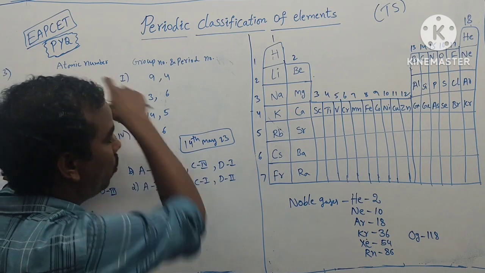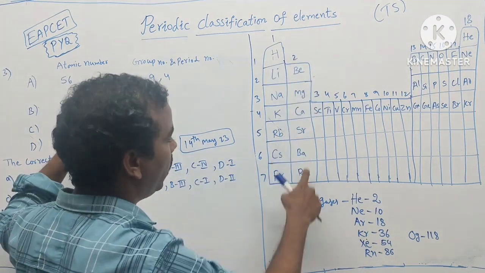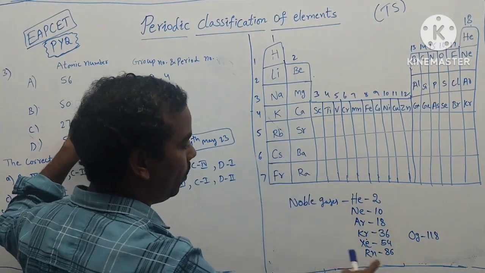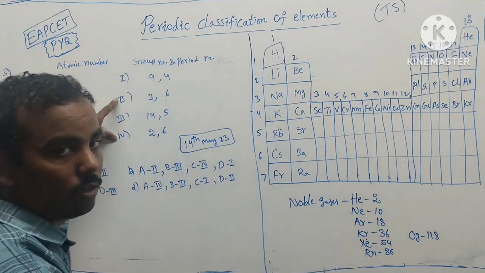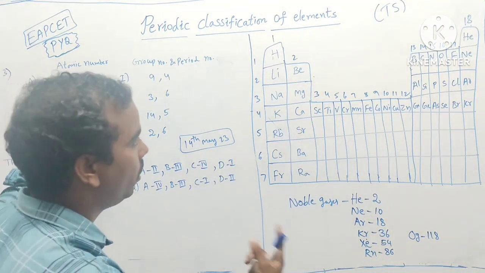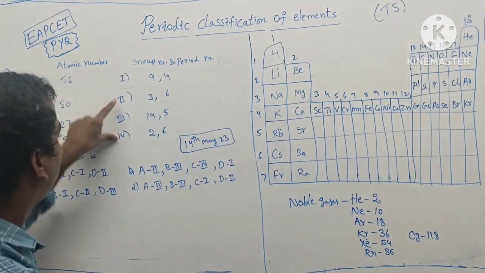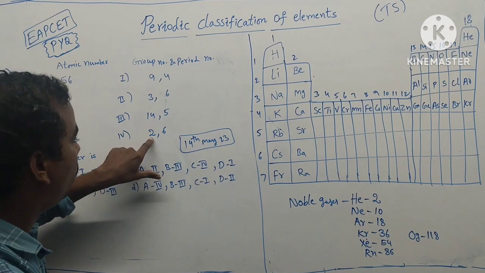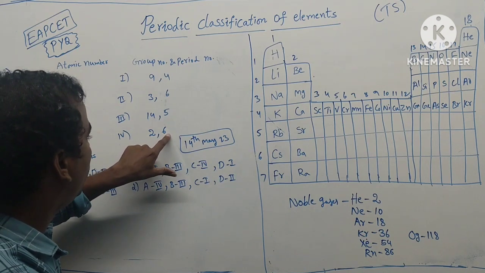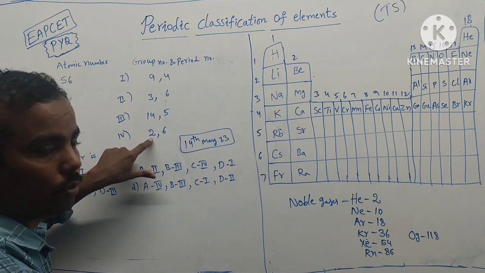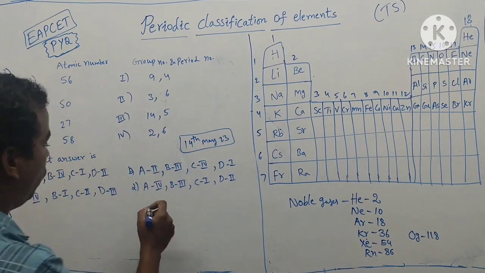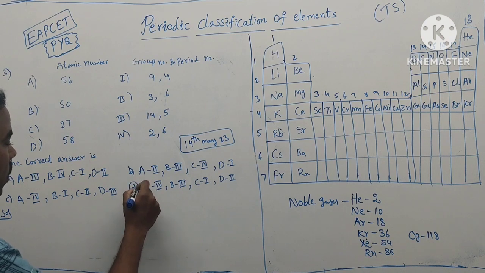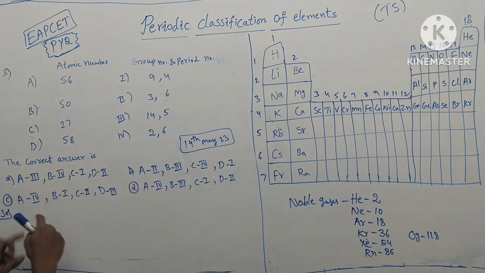Next, which group? After 54, 55 and 56 are second group elements: 55 is a first group element, 56 is a second group element. So 6th period and second group. So for A the answer is 4, so maybe D or C, A4.